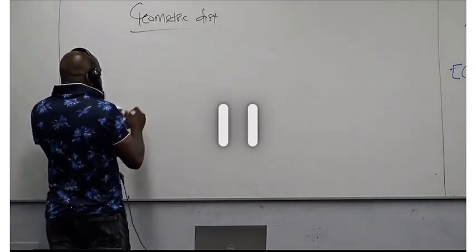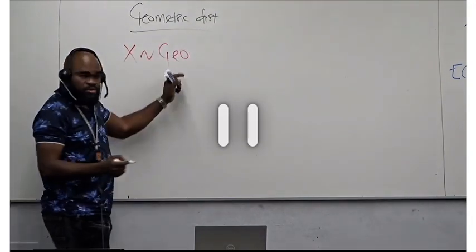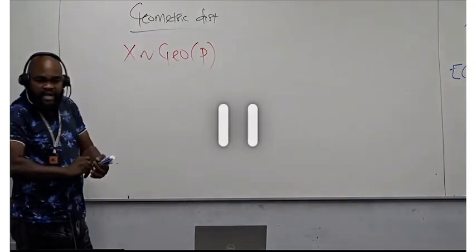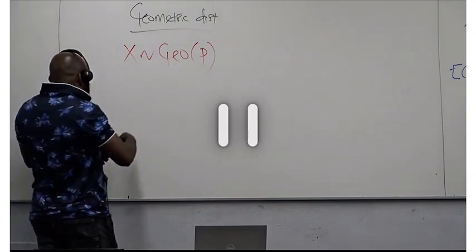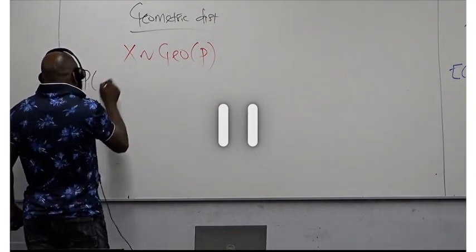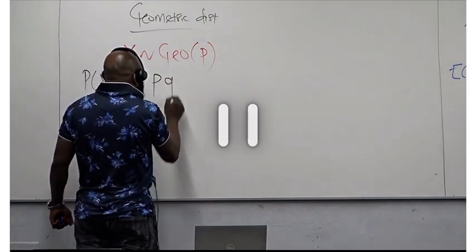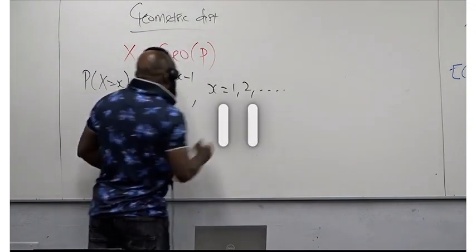For geometric, when you say X follows geo with parameter P, then we're referring to geometric. So the probability of X in geometric is q^(x-1) p, where x starts from 1, 2, to infinity.